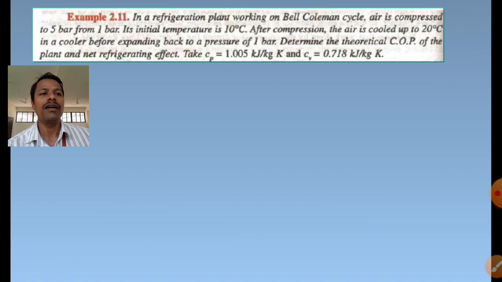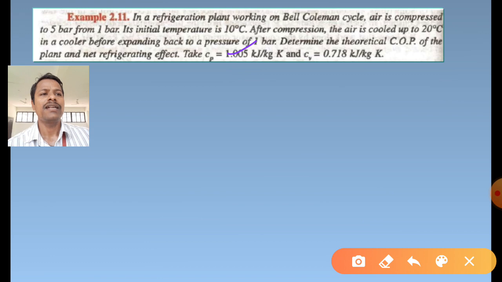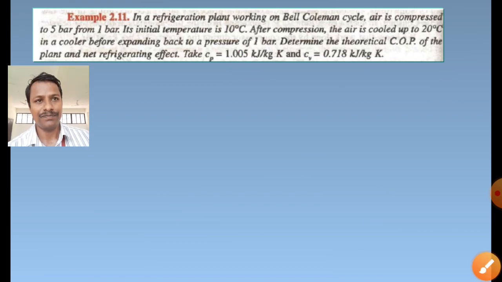Then determine the theoretical COP of the plant and refrigeration effect. They have asked us to calculate refrigeration effect and COP of the plant. He has given the Cp value and Cv value for calculation of gamma.